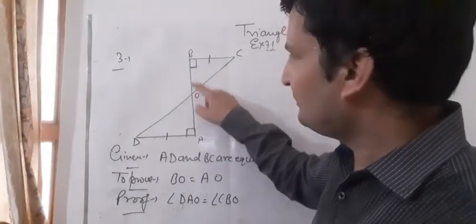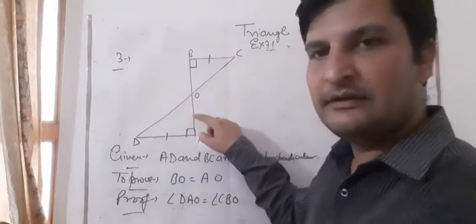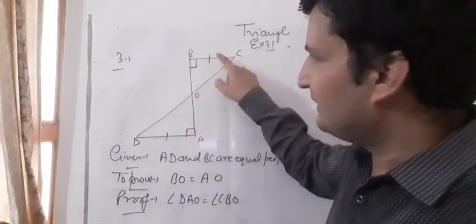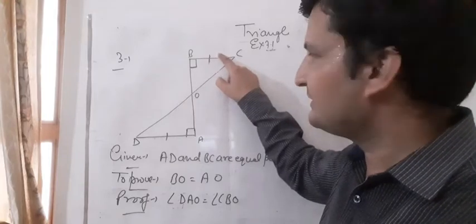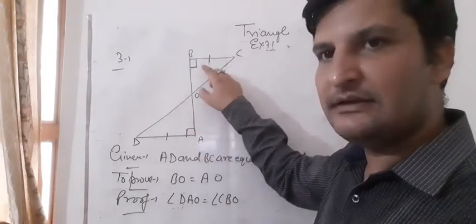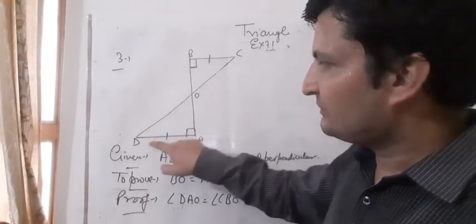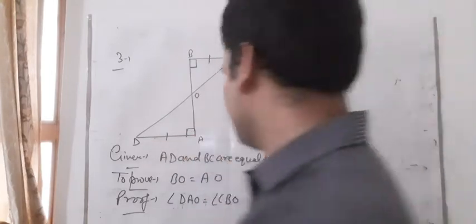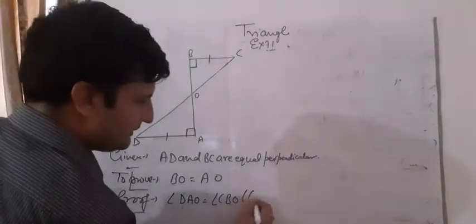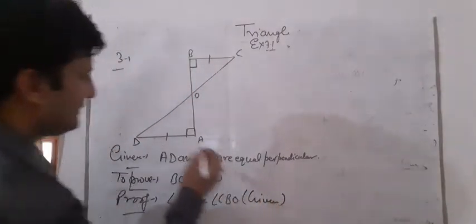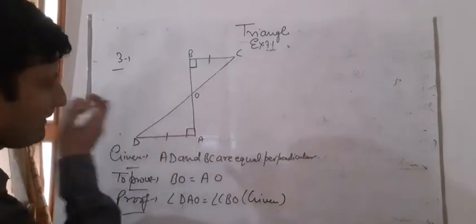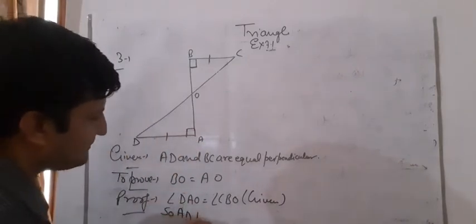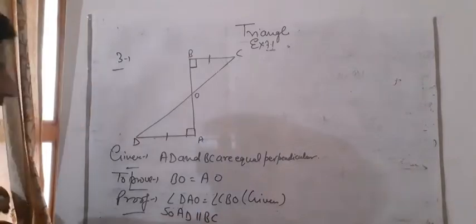If two alternate angles are equal to each other, it means this line is parallel to this one. Because this angle is equal to this angle, it is 90 degrees, so we can say that this line is parallel to this line. So we can say that AD is parallel to BC.